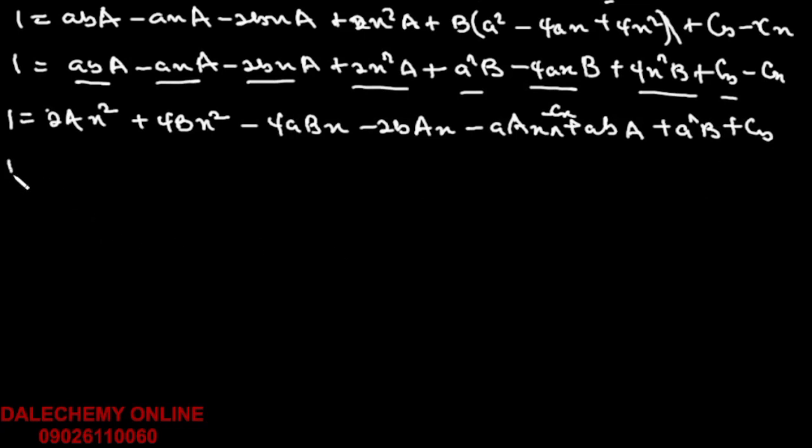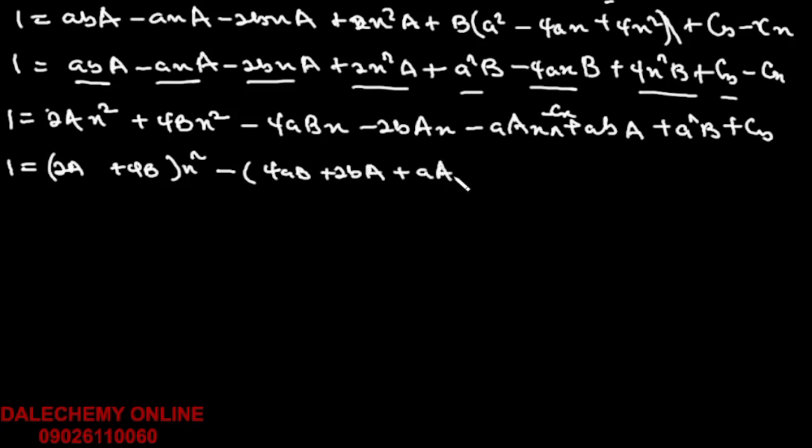Okay, so now I have 1 equal 2A plus 4B, okay, x squared now, minus all of the x as minus, so you can factorize minus out 4AB minus 2BA, and plus, to be plus now, A then minus C, now of x, plus ABA, then plus A squared B plus CB.